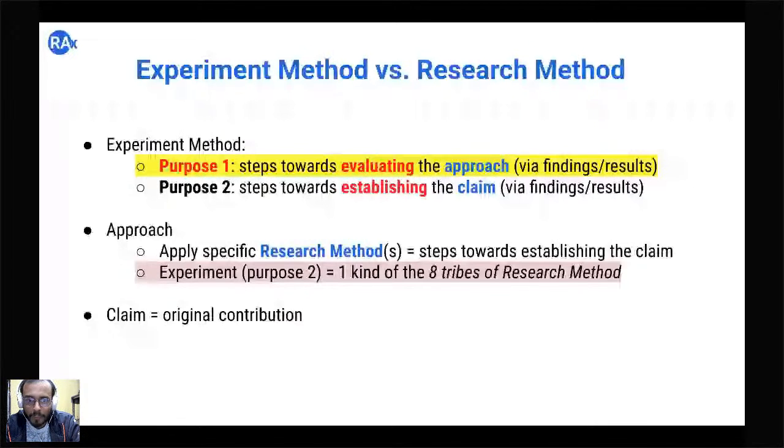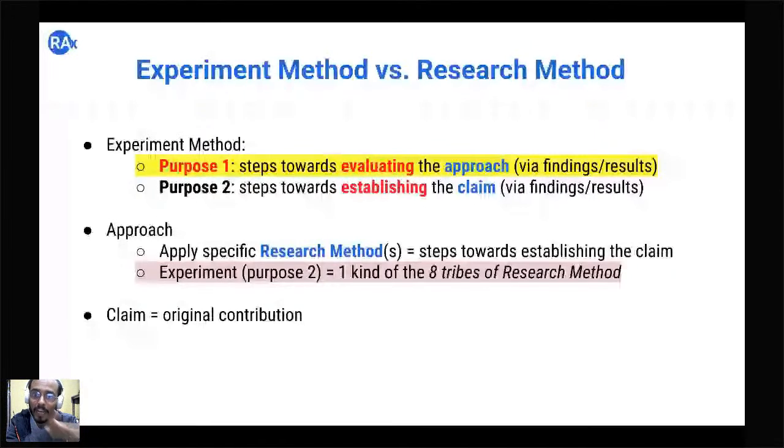Let me first clarify this. There are two purposes of doing experiments. When you are conducting an experiment, there are two different purposes. One purpose is that you have an approach and you are trying to evaluate it, which means how good your approach is.